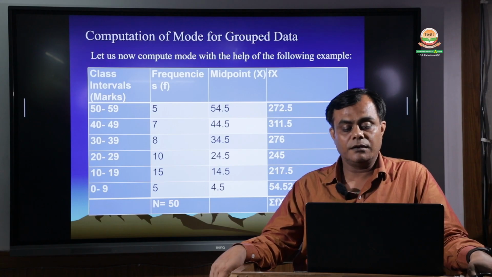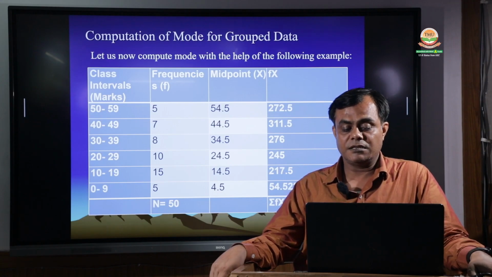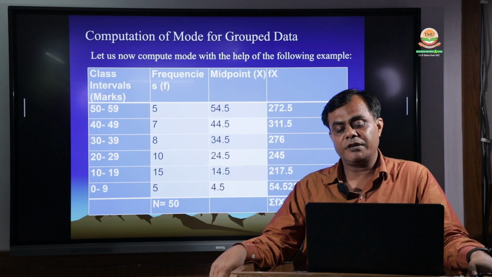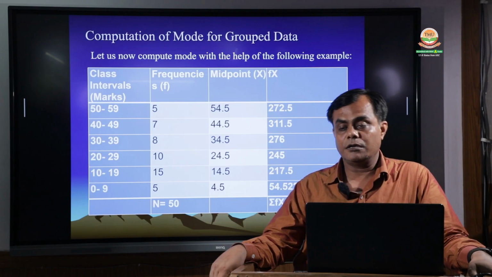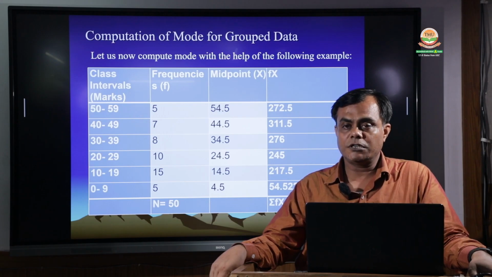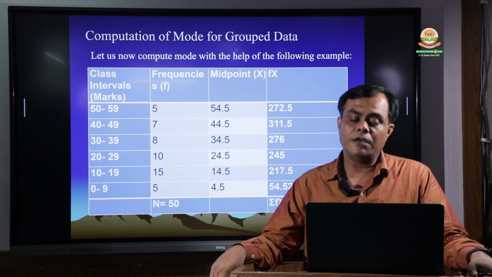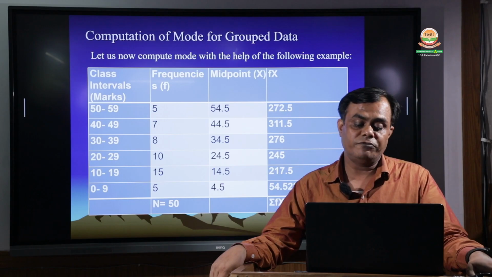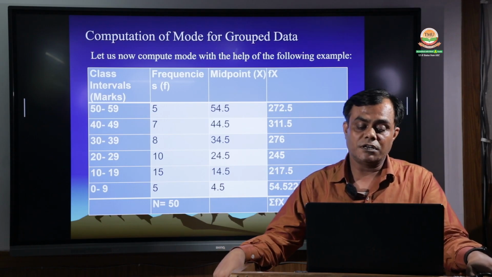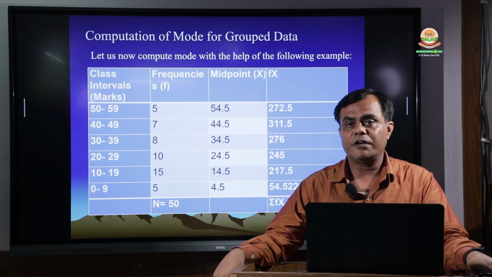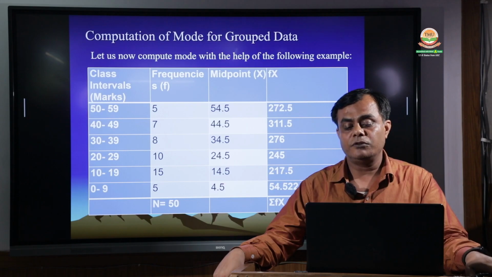In the second class interval, the mid value 44.5 is multiplied by frequency 7, and that value becomes 311.5. The third class interval is 30 to 39, the mid value is 34.5 and the frequency is 8, and multiplying them gives 276.